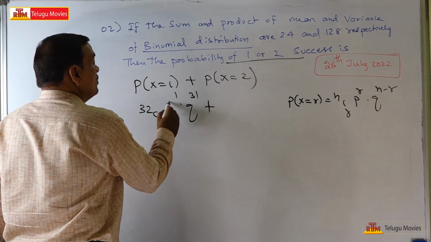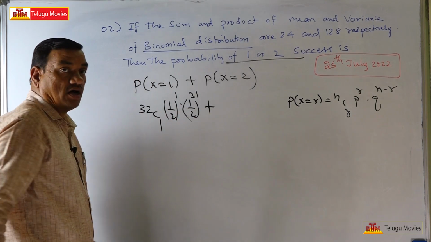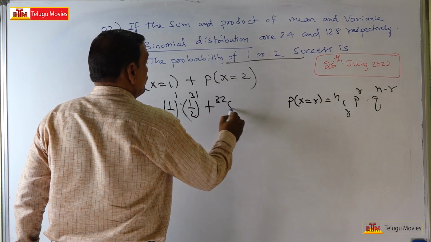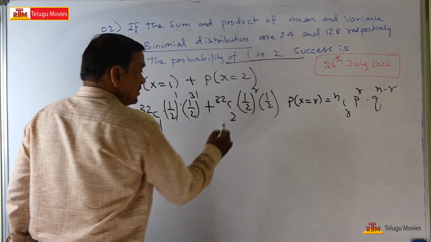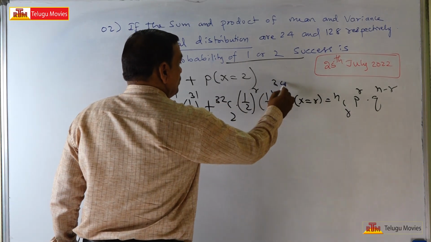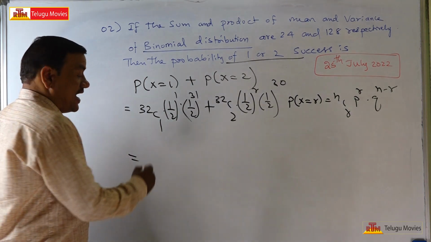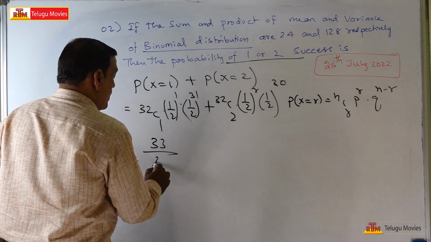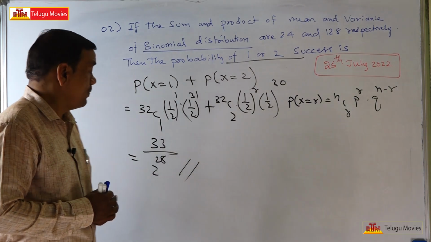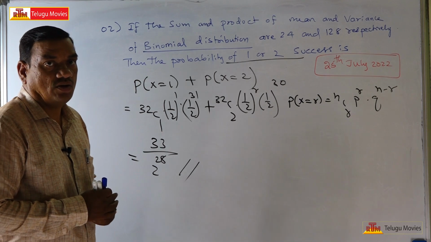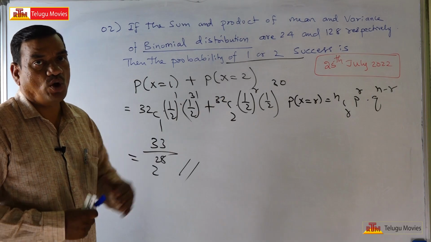Of course p value is 1 by 2, q value is 1 by 2. You calculate this, you will get the answer as 33 upon 2 power 28. 33 upon 2 power 28 is your correct answer. I hope that you understand this solution. Let us go for next problem.